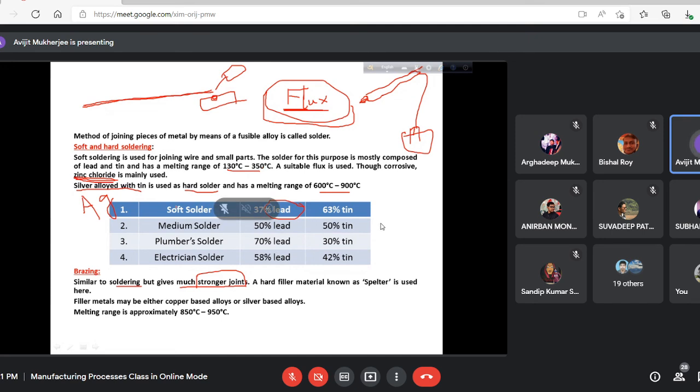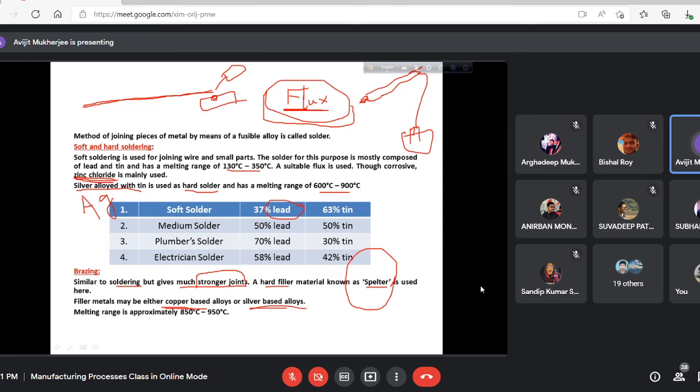So these are soldering. And brazing is also the same, but here it is used for mass production. And here a hard filler material is used, which is known as spelter. This is the commercial name, spelter. These spelter filler metals may be either copper based alloys or silver based alloys. For very hard, silver based alloys.